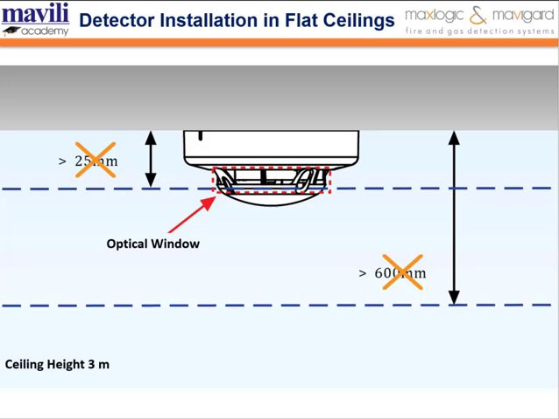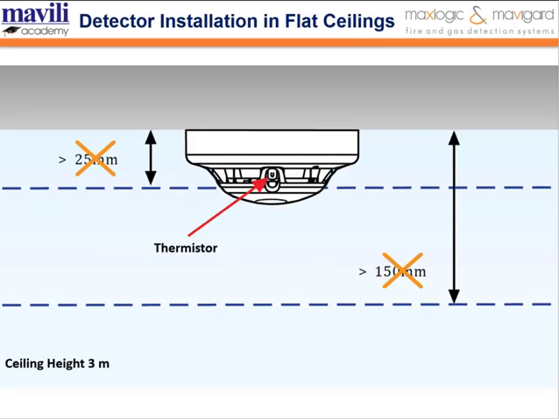At the same time, detectors shouldn't be mounted too far down from the ceiling. Smoke detectors should not be installed more than 600 mm below the ceiling. This placement helps ensure the detectors can respond quickly and effectively when smoke or heat begins to accumulate.